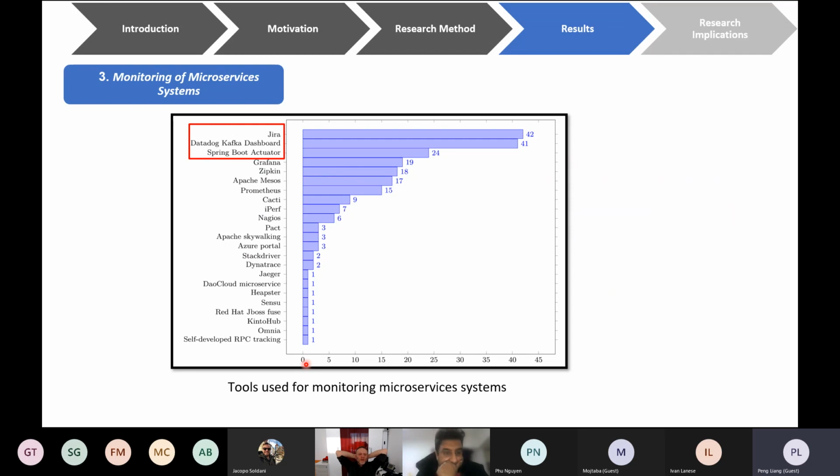So in order to better understand why the practitioners specified Jira as a monitoring tool, we defined a question within the interview, and the main result is that the practitioners have a different understanding of Jira as a monitoring tool for microservice systems.